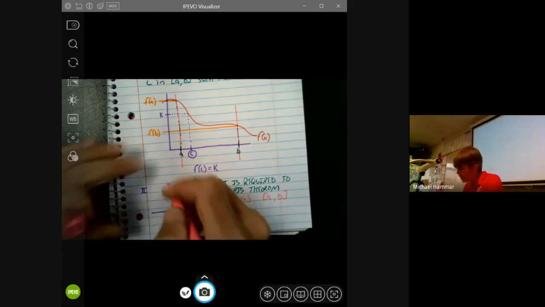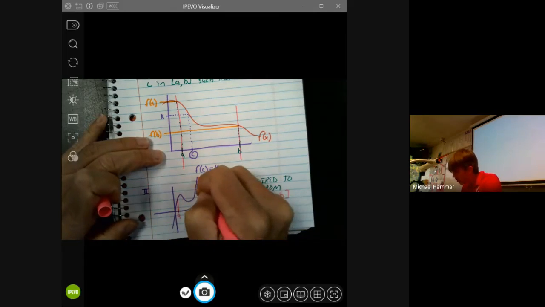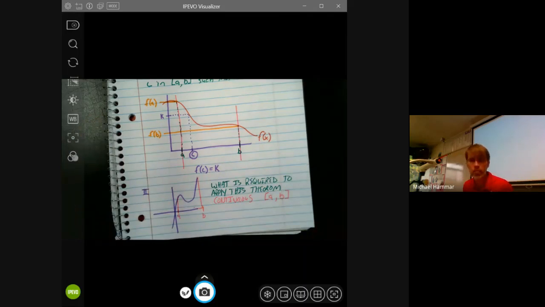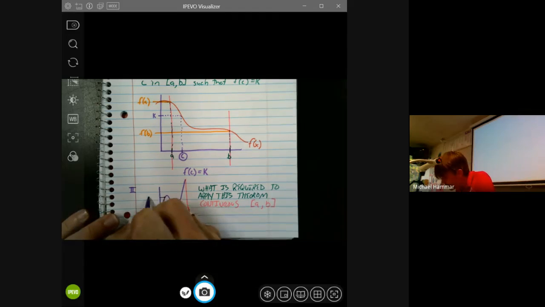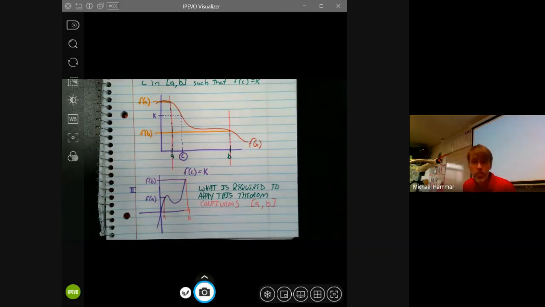In order to even do this, we have to have our interval, we have to know it's continuous, and we have to know that there is some interval a and b. Now remember, that tells us this is going to be f of a, and this value over here is going to be f of b.